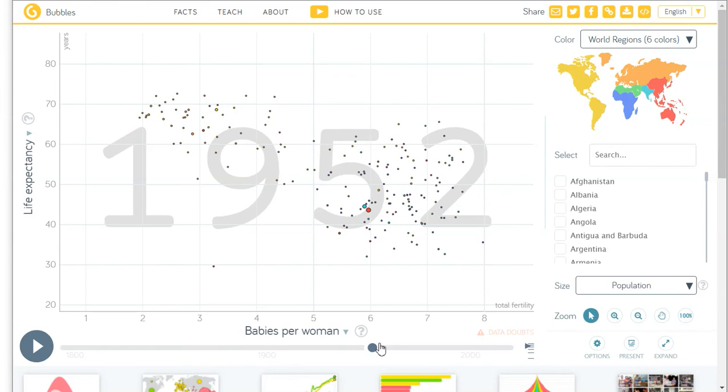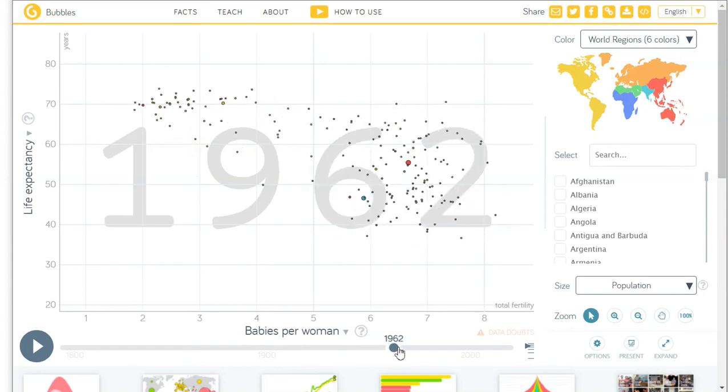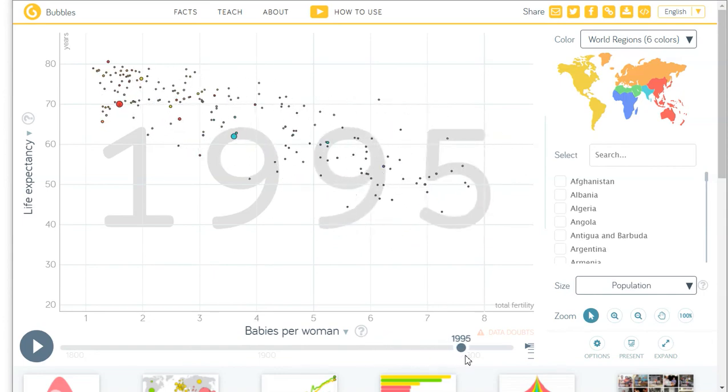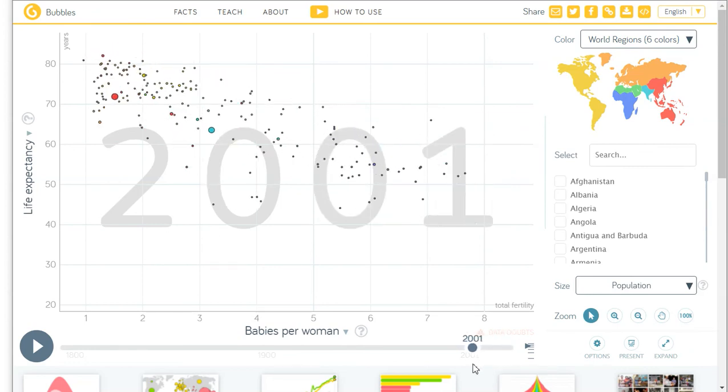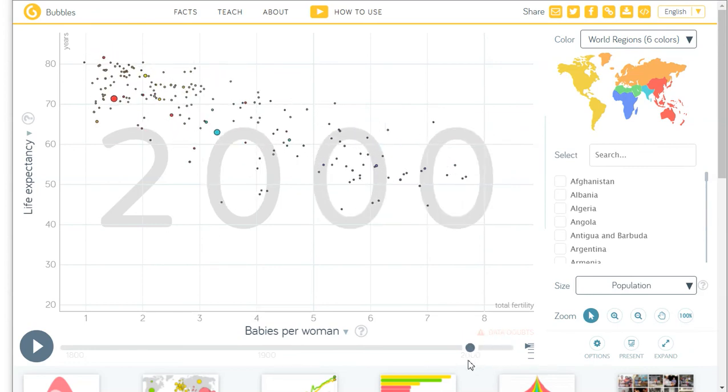Babies per woman around the planet is getting smaller over time, and life expectancy of every country is going up, but going up faster in the countries that are moving to the left. And in the last few decades, medical science has really exploded, as well as just better hygiene, causing life expectancy to really skyrocket. And it does help the entire planet.